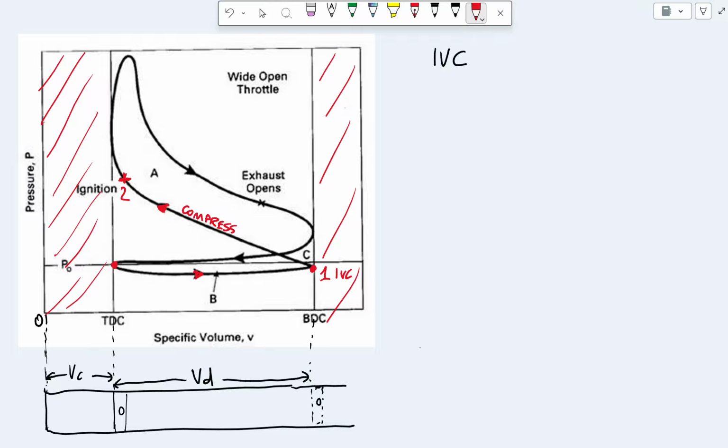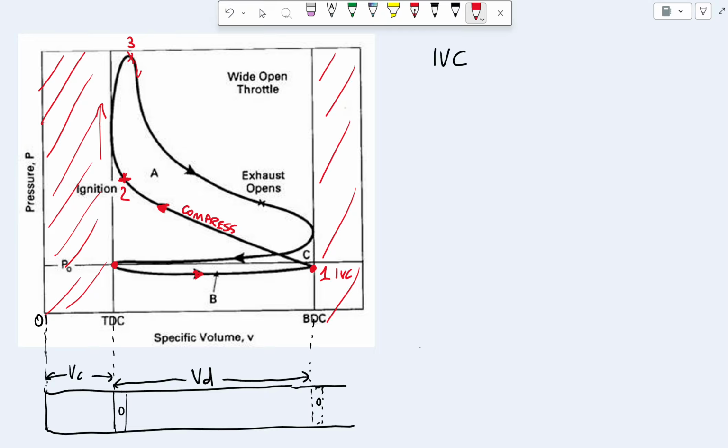And then our combustion phase is going to basically occur from point 2 all the way to point 3, and a little bit more down this way. So from point 2 to point 3, we're increasing the pressure. The pressure is increasing a lot between point 2 and point 3 to reach a maximum point.